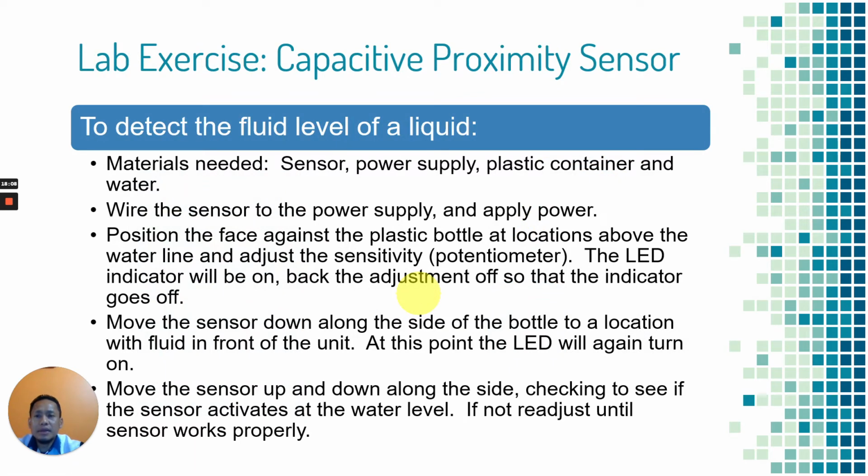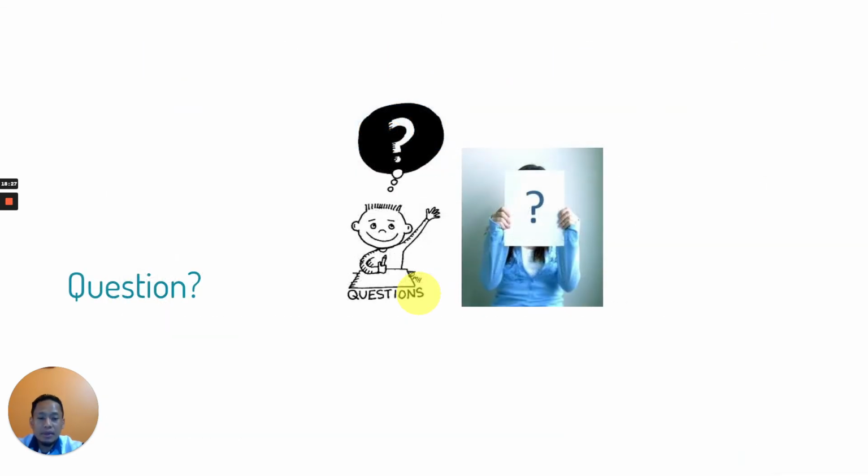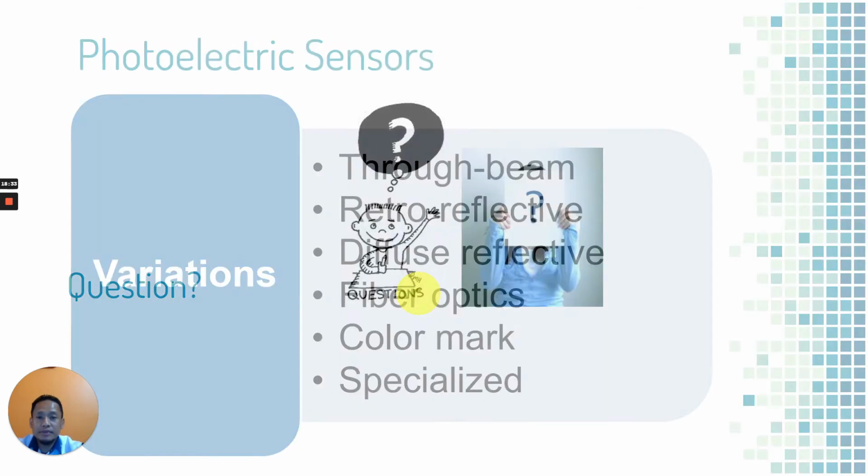And in the lab exercise, usually I can provide a capacitive proximity sensor to detect the fluid or liquid. However, for this new norm environment, we can't do that. But if you have a sensor in your home, you may test.